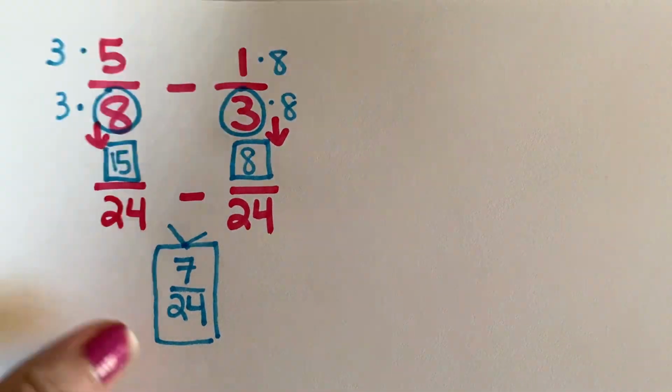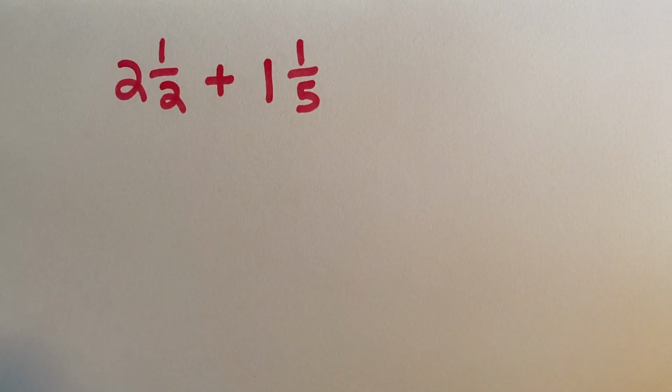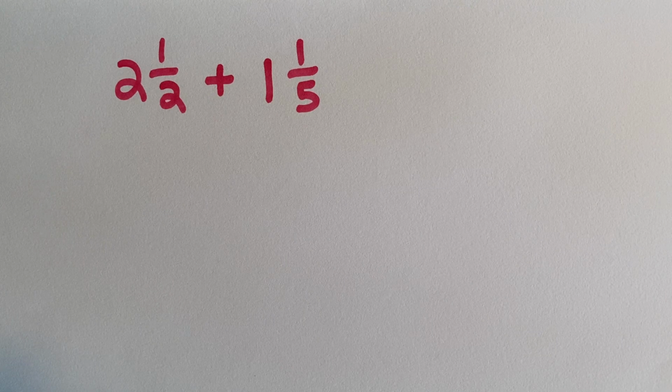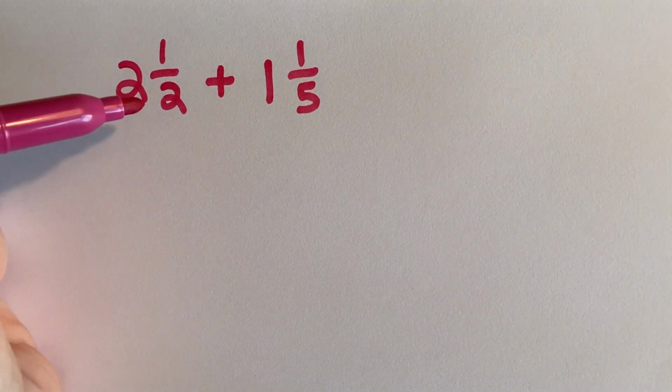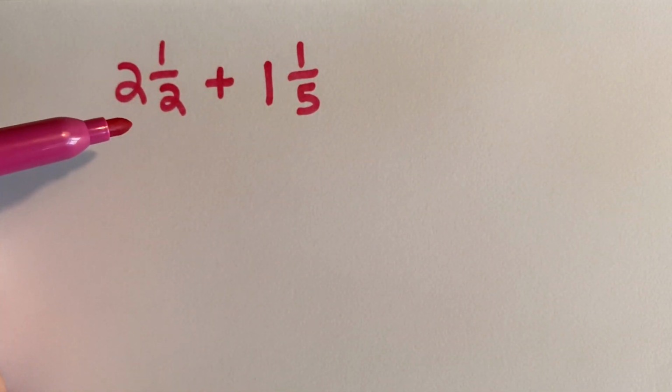Okay, we have one last problem we're going to try. I wanted to bring in mixed numbers. So how do you deal with adding two mixed numbers? Well, there's just one additional step you have to go through, and that is to make these improper before you begin.